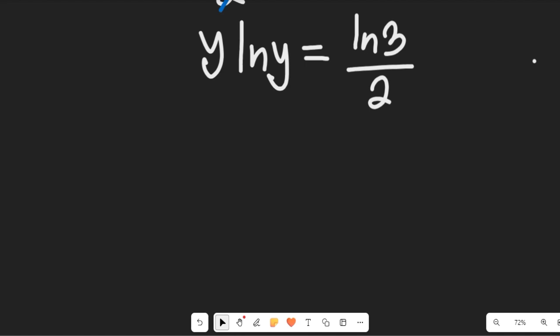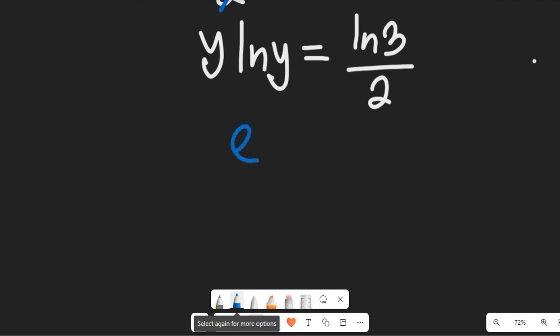Now, having divided both sides by 2, we'll have to recall that in logarithm, the exponent of the natural log of a value, let's say the value is y, can definitely give me what? y. It will give me y. And that is a rule in logarithm.